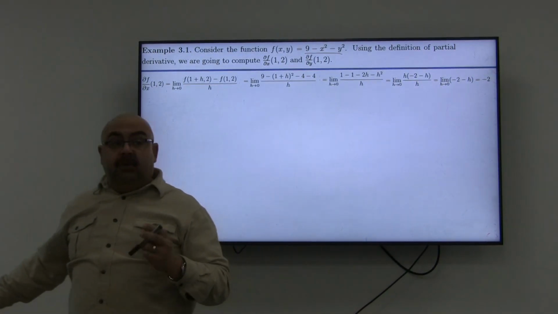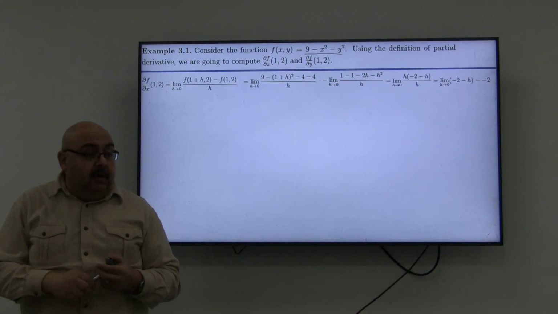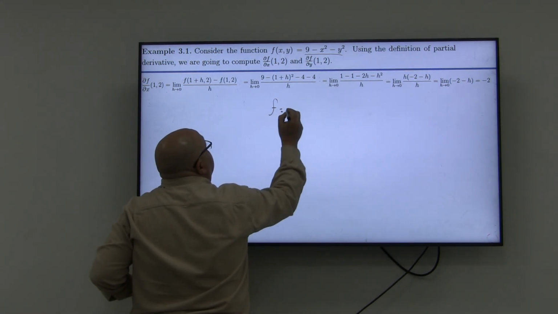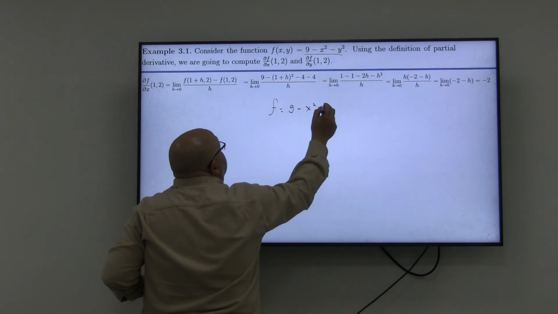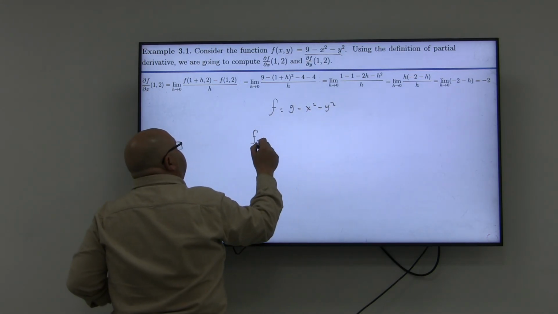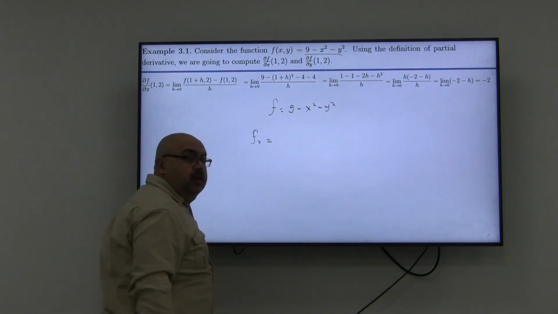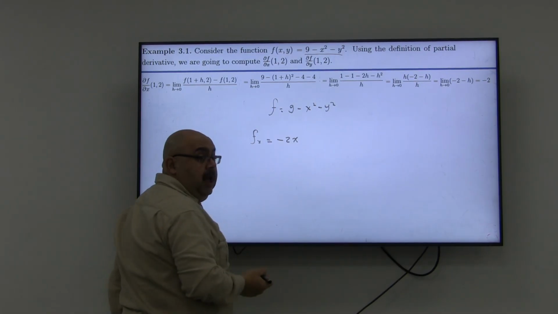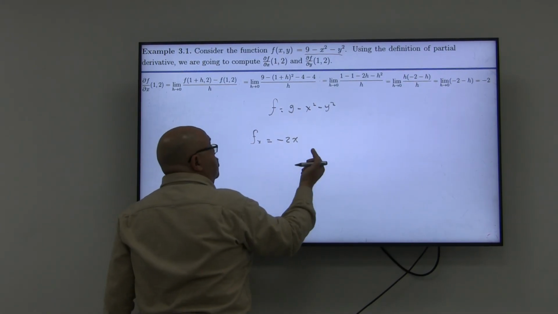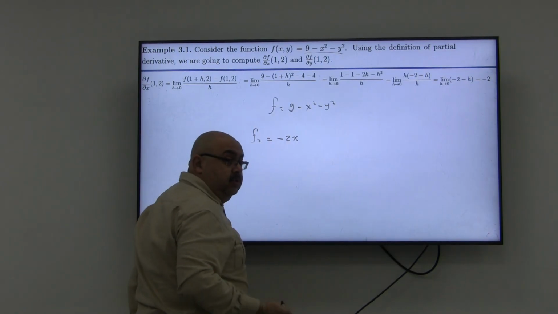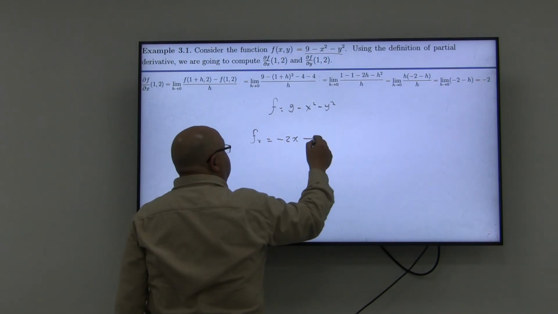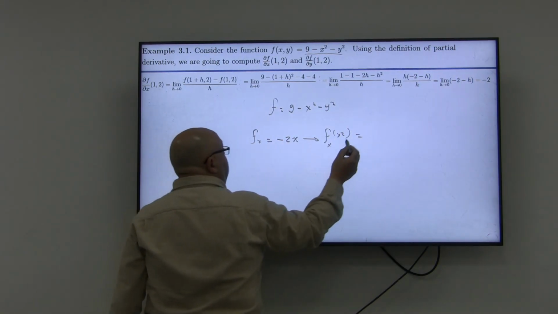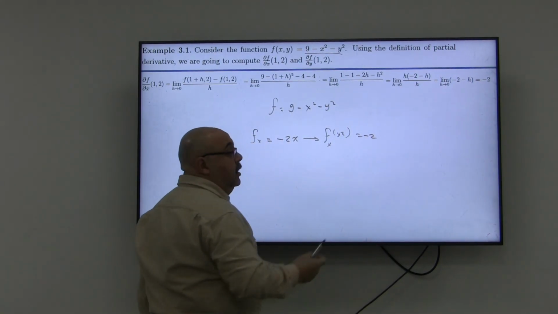Well, can I do it without the definition? Yes, of course. If I want to do it without the definition, say the problem is f equals 9 minus x squared minus y squared. Try to find f sub x, differentiate with respect to x. So it's going to be negative 2x, right? Since the derivative of 9 is zero, and the y derivative is zero because it's a constant. Well then, from this, get me f of 1 and 2 at x. I remove x and put 1, and the value comes out, here it is.